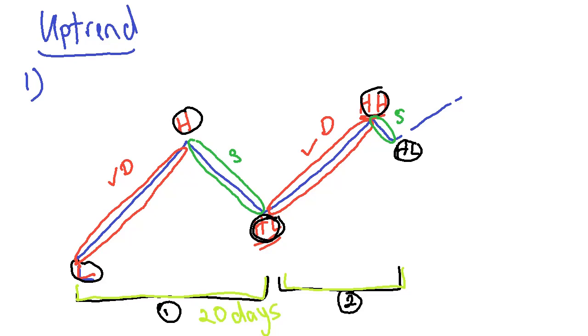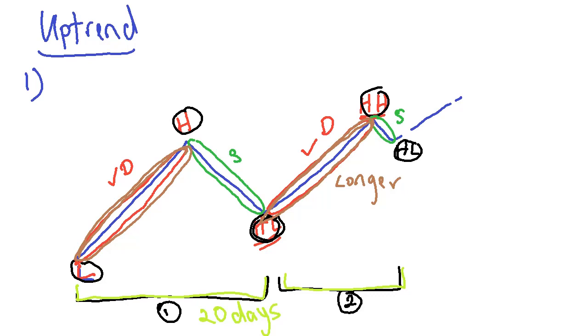Just a recap: we said that if this particular uptrend is shorter and this one is longer, then there's a high potentiality for the trend to keep moving upward. That's a summary from the previous video. You can go to the previous video and go into more detail. But now we already know it's going to be going up.